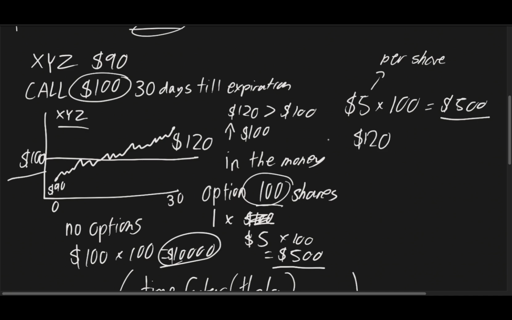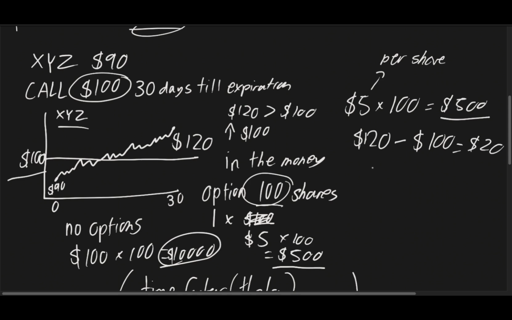It expires at $120. You would gain $120 minus the $100 of the call option, because the call option basically allows you to buy the stock at $100, and you could immediately sell it at $120, giving you a $20 per share profit.